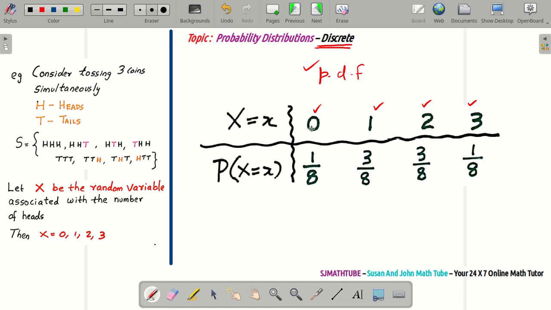We are not moving in a continuous scale. We don't consider all the numbers between 1 and 2 or maybe 0 and 3. So we have our random variable and we have the output as probabilities. So shall we move on to one more example?